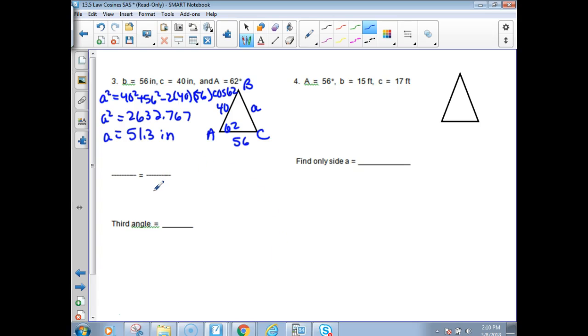All right, now that I found that, I can say the sine of 62 is to 51.3 as, I'm going to find angle C, the sine of C is to 40. It's a sine. Okay, so I do the cross products: 40 sine 62 divided by 51.3.